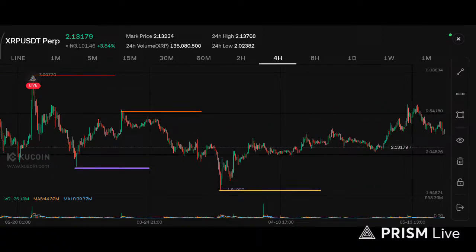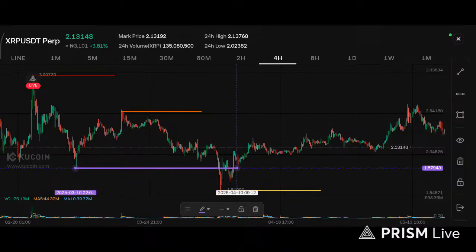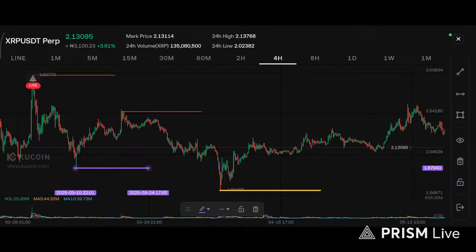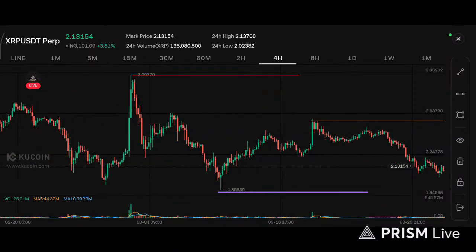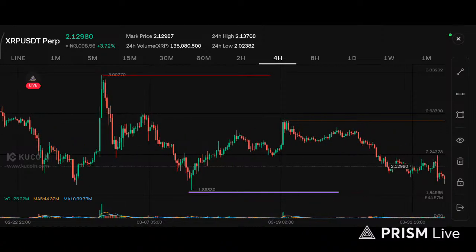Liquidity is supposed to stop here, right? But guess what happened? It swept the previous swing low where liquidity was, which helps to push the market. This low pushed the market from 1.8 to 2.6. That was liquidity.